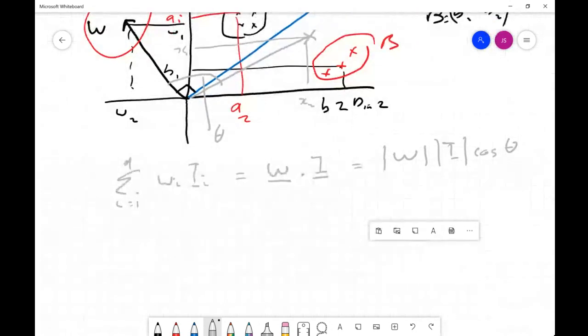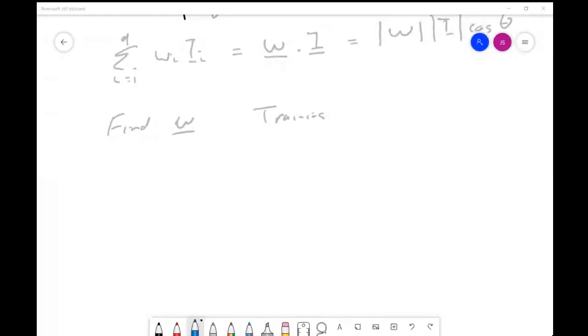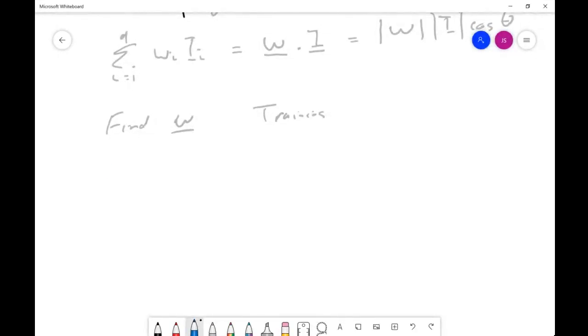Right, how do we get W? And this is training. And the idea is we use error correction. Error correction is if an error, update.